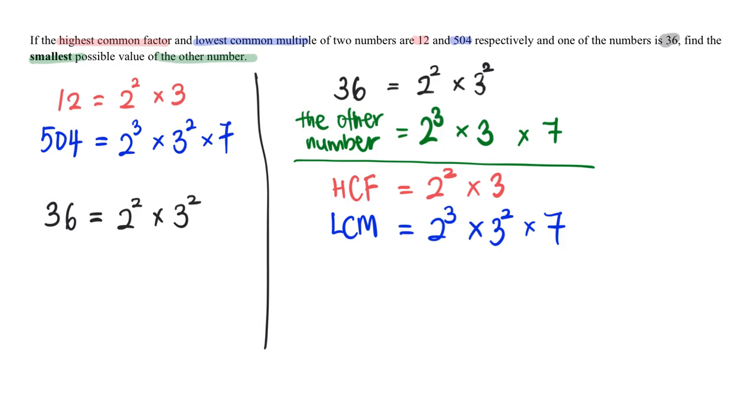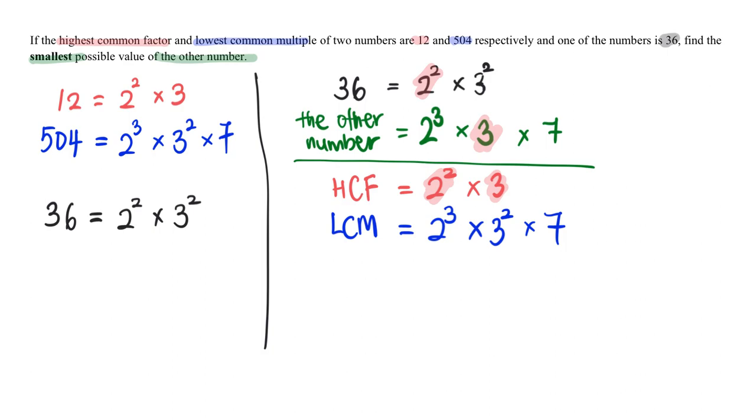If you look at the HCF, which is in the red color, 2 power 2, yes, indeed, 2 power 2 is the smallest power, 3 is the smallest power, and 7 is not common, so we don't choose it.